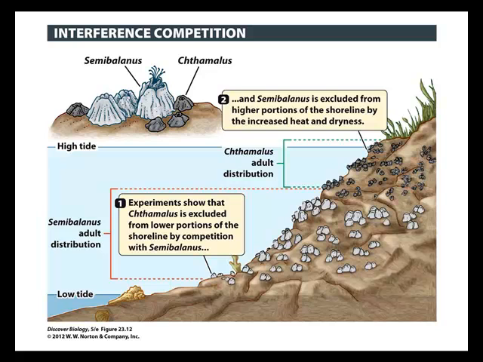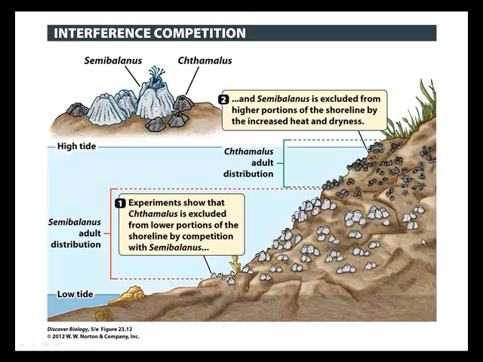Here's an example of resource partitioning that happens in the Pacific Northwest. In this image you have two different types of barnacles. You have the smaller version high up on the rocks, and that's something you can find if you go down to Larrabee State Park. You can see that these are higher up in the intertidal, and then you have a larger version down in the lower tide line. And there's a reason for this.